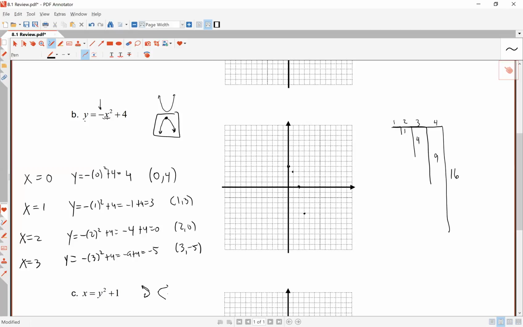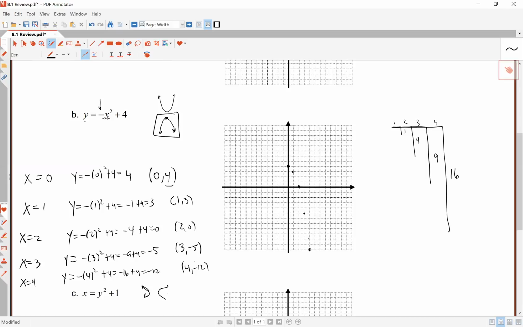So if we're sitting up here at a positive 4, down 16 will be negative 12. That's because when we plug in 4, we get the opposite of 4 squared, which is negative 16, plus 4, which is negative 12.